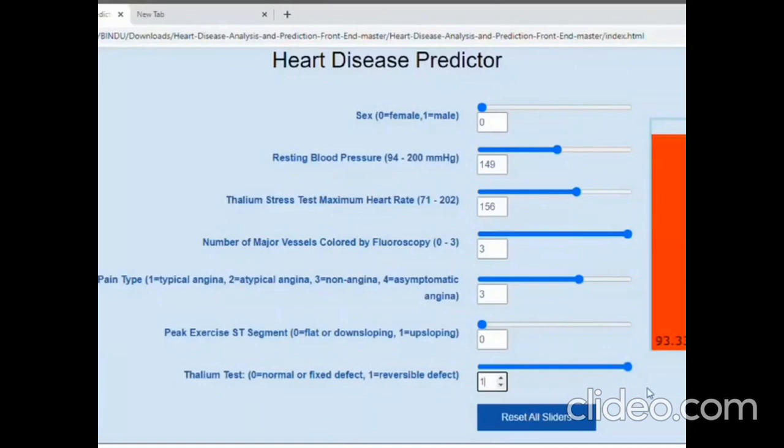So now we can see that the color of the slide bar is red, which represents that the chances of having heart disease are very high. In this way, we can easily find out the chances of having heart disease in a patient.